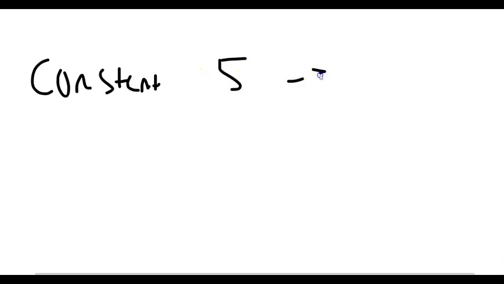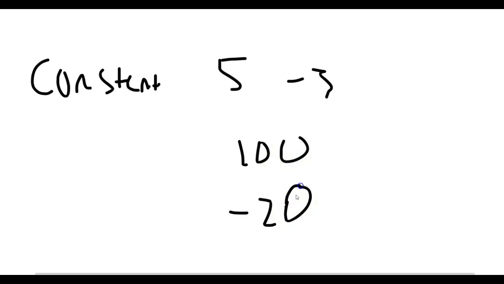Next, I also wanted to go over algebraic expressions. I wanted to go over what's a constant, coefficient, and a term. So an algebraic expression combines numbers, variables, and operations. A constant would be a number, like 5, or -3, 100, -20, really just any number.